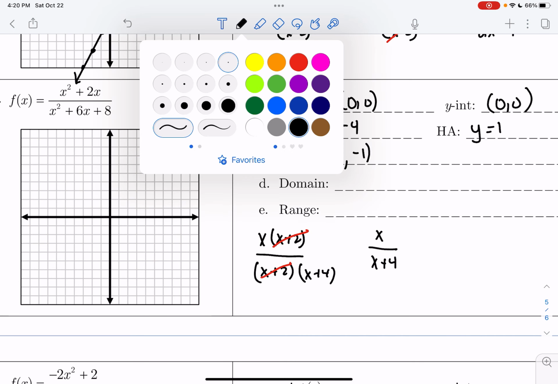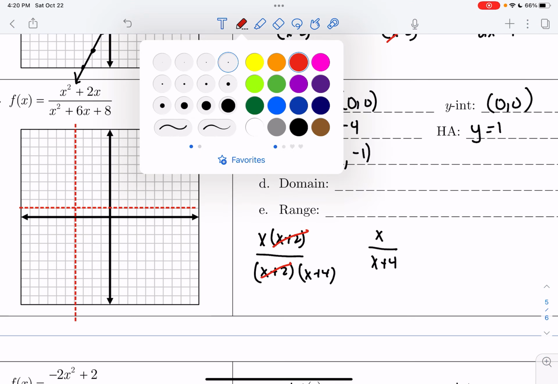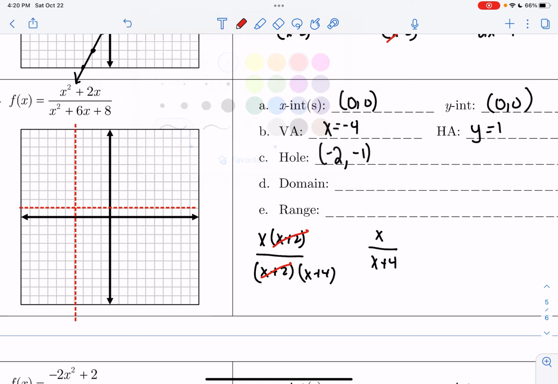So this includes my horizontal asymptote at 1, my vertical asymptote at -4, my hole at -2, -1, and my y-intercept and x-intercept at 0, 0.